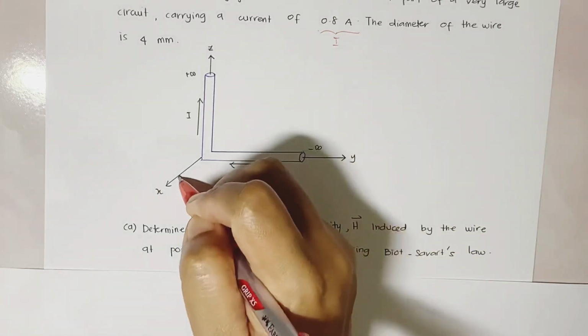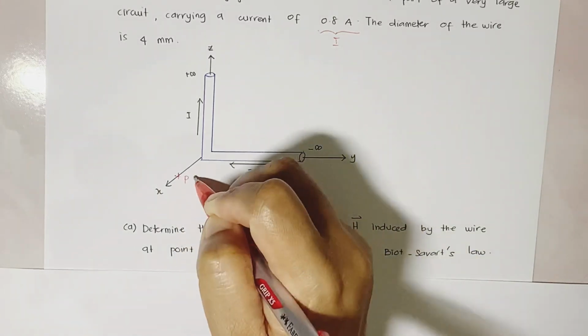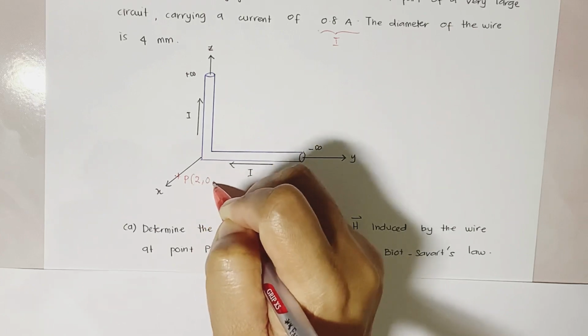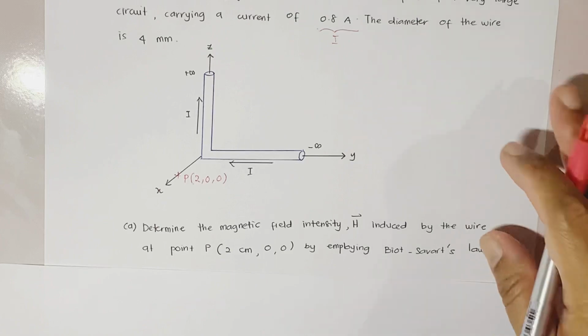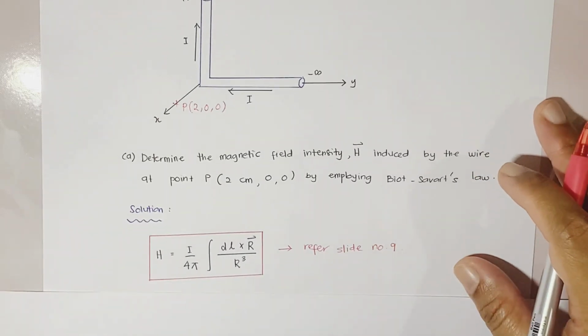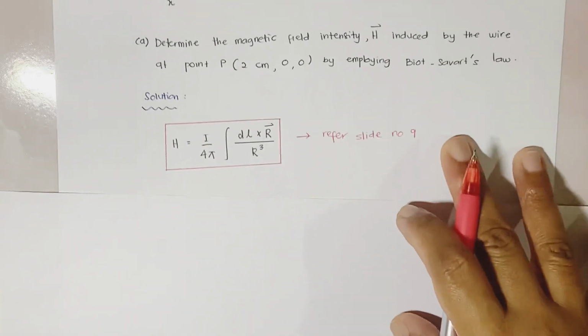Point P is here. So you need to find the magnetic field intensity induced by the wire at point P by employing Biot-Savart law.